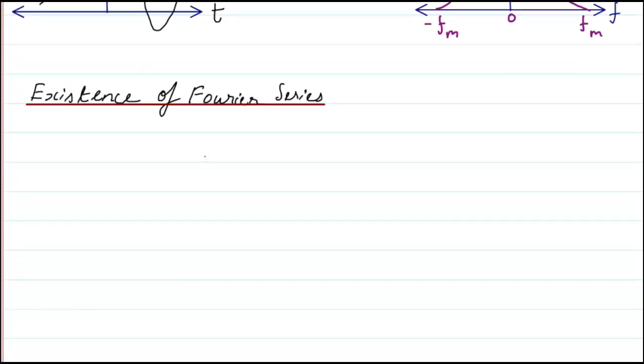Now, before we start the Fourier series, let us look at some of the conditions that have been set to define if a particular periodic signal will have a Fourier series or not. They are basically called the Dirichlet conditions.